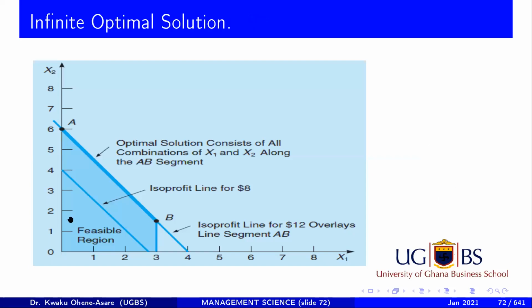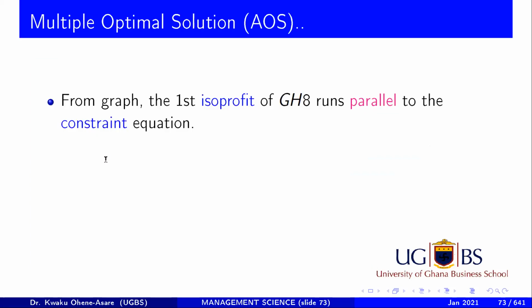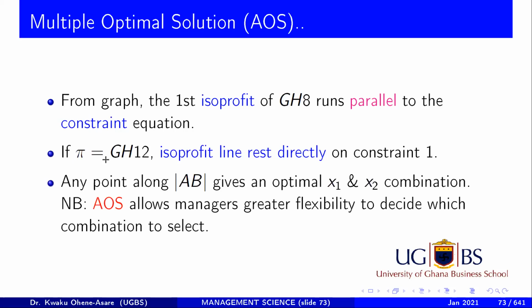They can make a decision that let's produce X1, 3 of it, and X2, let's produce 1.5. Or another group will say, let's produce X1 to be 0 and X2 to be 6. Any point along the line is a flexible way of selecting. And that is how some people would look at it.